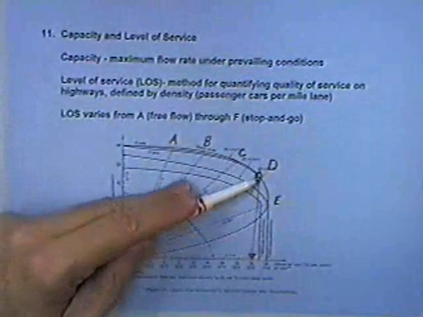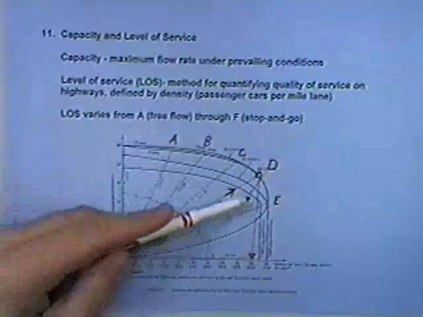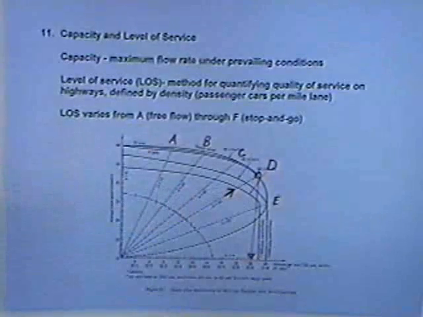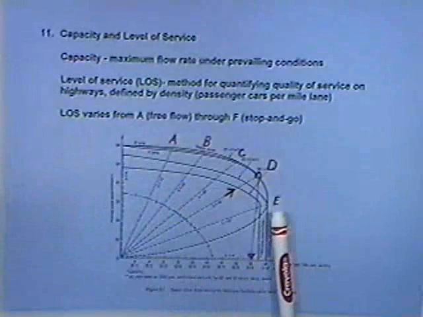We'll say this 0.977, it's over the threshold for D, so that's going to be in the level of service E range at this point.